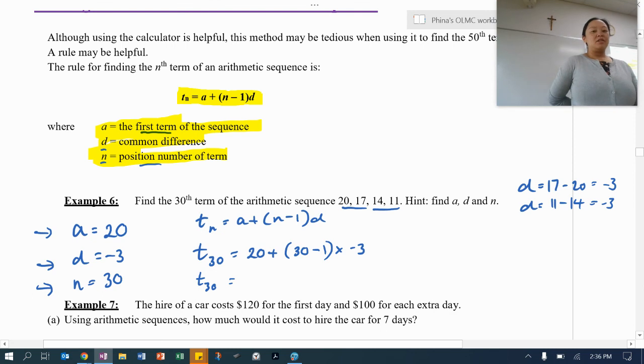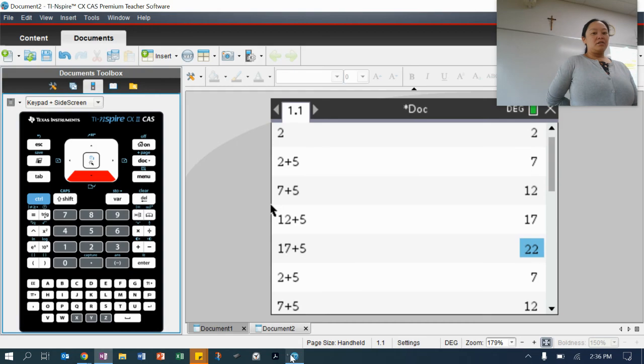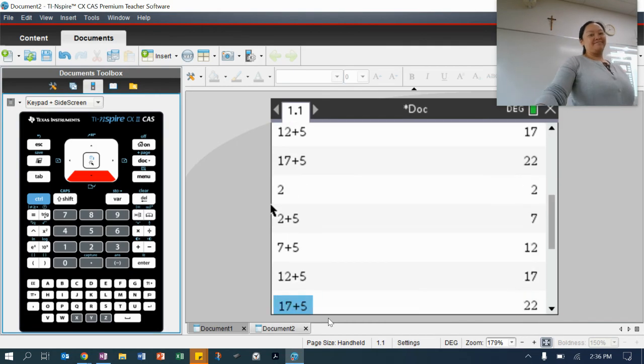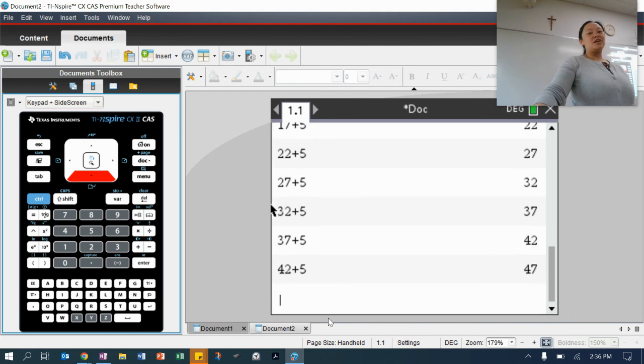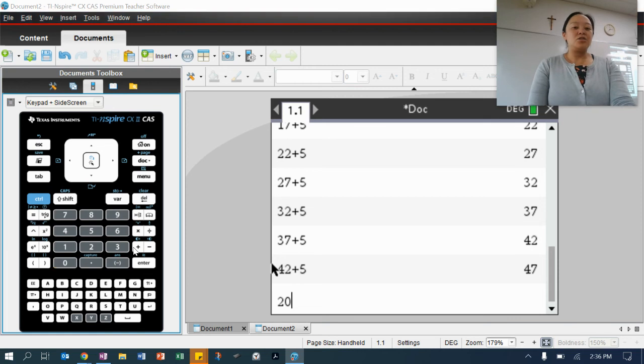Right. So I'll just solve it here. So it'll be 20 plus 30 minus 1 times -3.